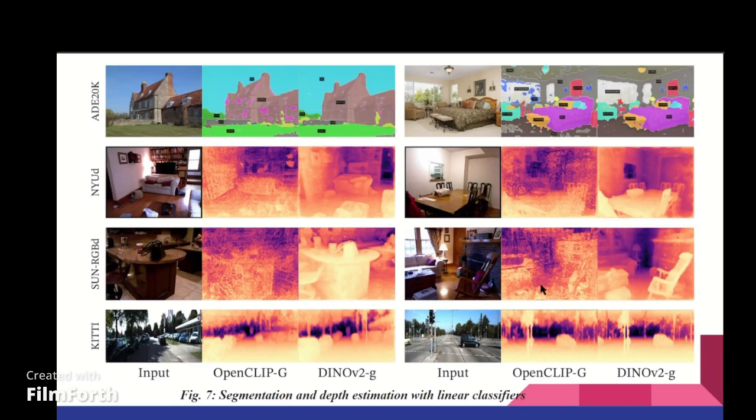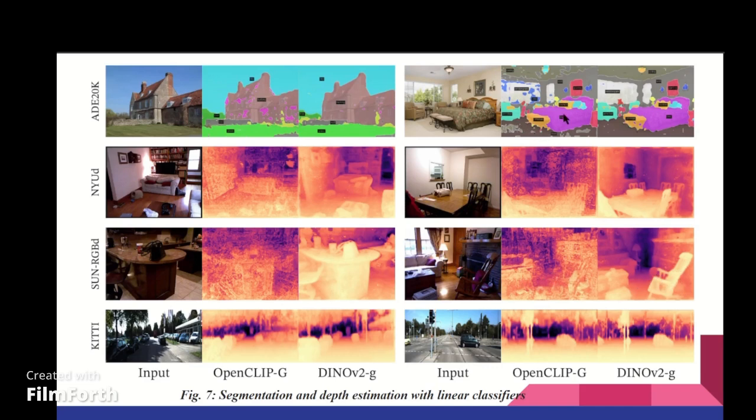So here you can see over the depth estimation, depth estimation is not good here. The model is not performing well when estimating the depths of these objects in the images for the OpenCLIP, but the DINOv2 is performing well.